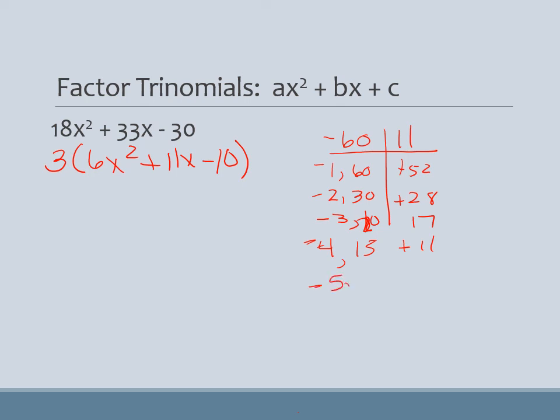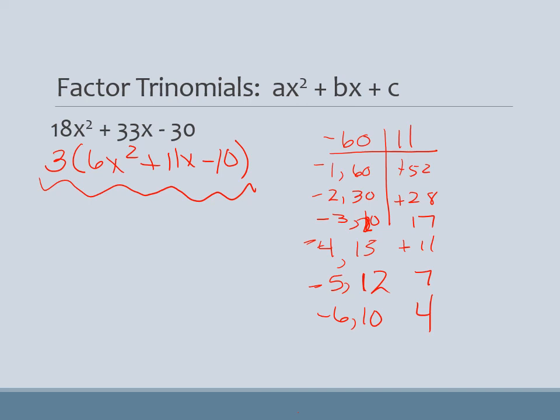Negative 5 and 15, nope, negative 5 and 12 is 7. Negative 6 and 10 is 4. 7 and 8 don't go in evenly, neither does 9. So once again, this can't be factored any further, okay? Can't be factored any further, but we don't say this one is prime because we've already factored out a 3.